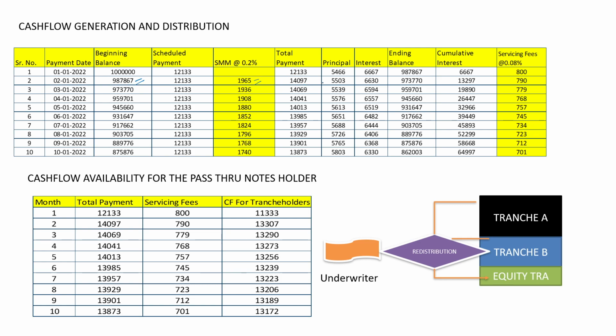So the total principal that has been paid comprises the scheduled principal, as well as the interest and the part payment that has happened, which is $14,097.